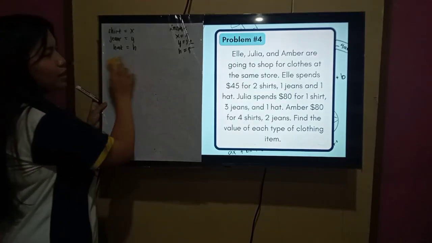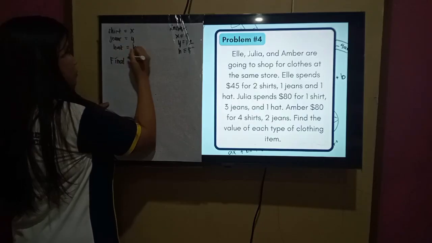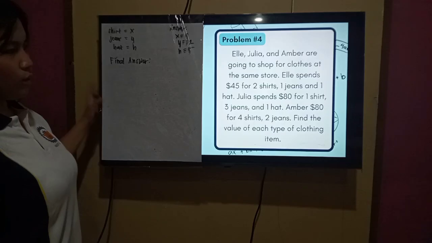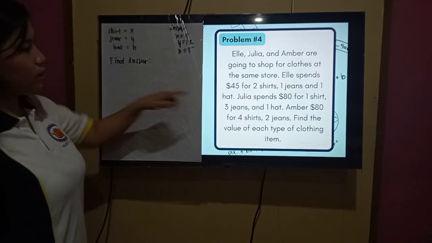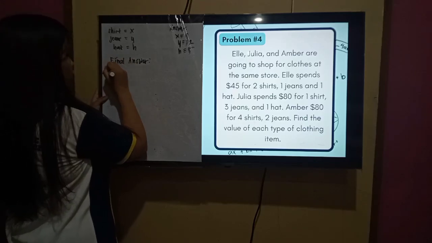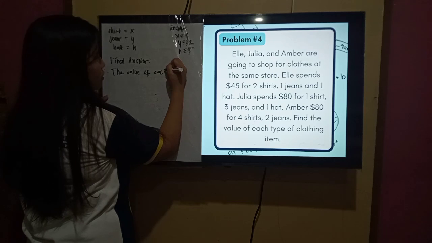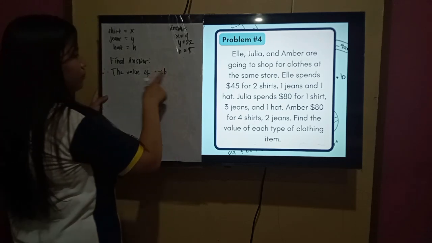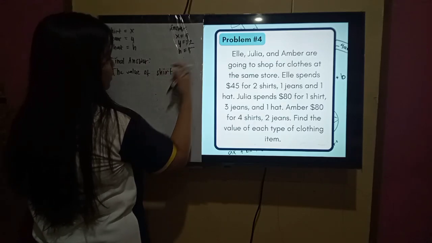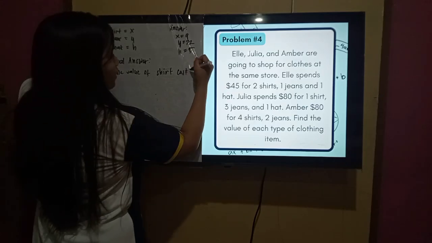So, for the last one, we're going to write our final answer. Therefore, the value of each: the shirt costs $9.